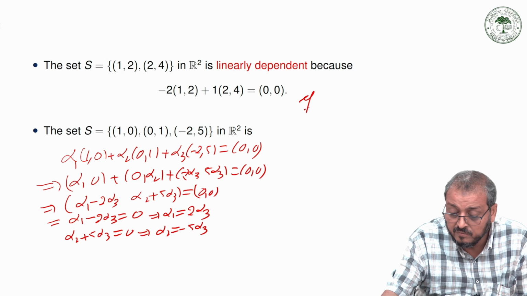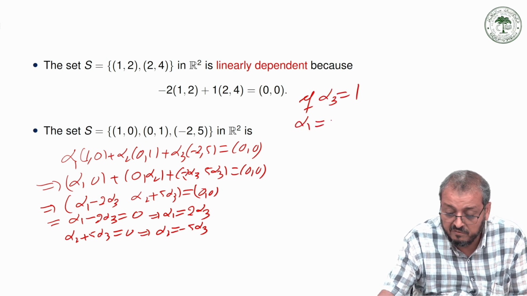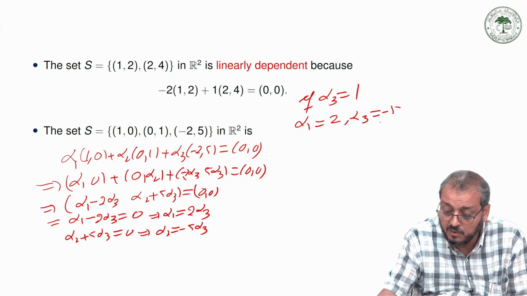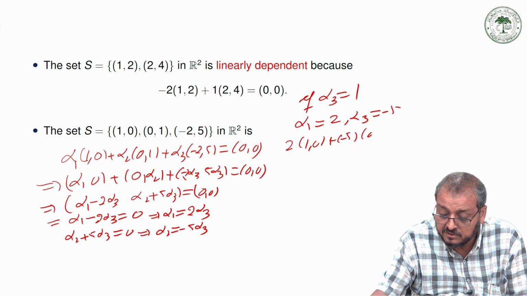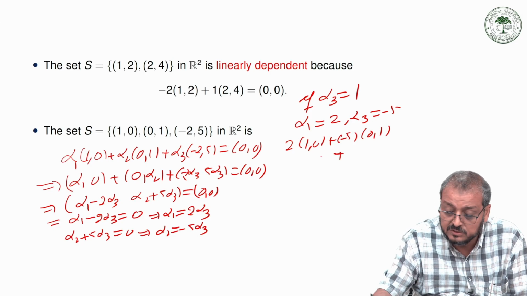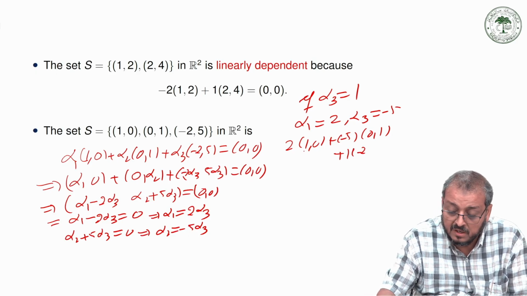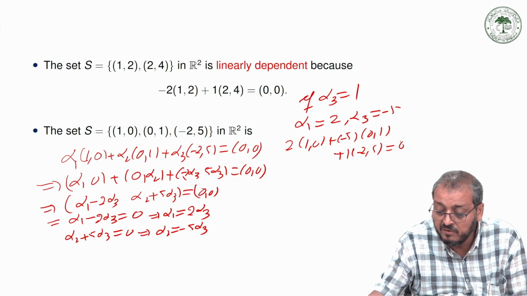If we choose α3 equal to 1, then we have α1 equal to 2 and α2 equal to minus 5. So this can be written in the form 2 (0, 0) plus (−5) (0, 1) plus 1 (−2, 5), and this is giving the zero vector (0, 0).